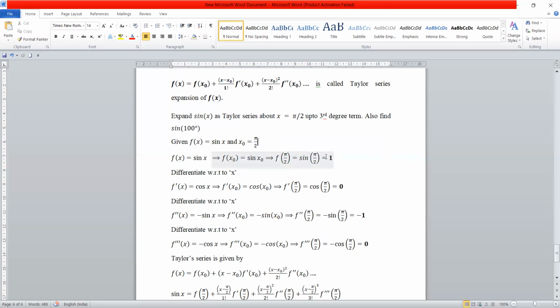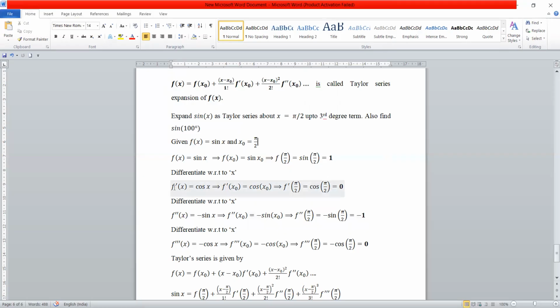Sine pi by 2 value is 1. So differentiate this with respect to x. f dash x, sin x differentiation is cos x. Assigning x as x naught, f dash of x naught is equal to cos of x naught, and with x naught as pi by 2, f dash of pi by 2 is equal to cos pi by 2, and cos pi by 2 value is 0.